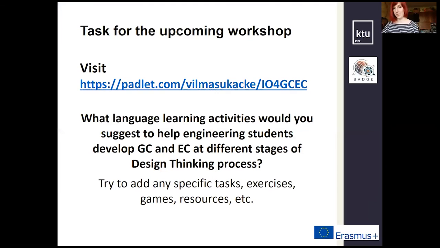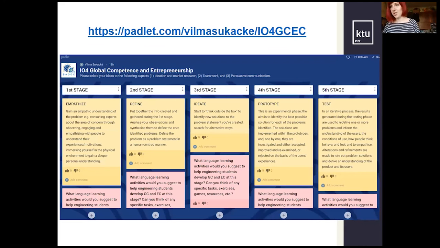All right, so I hope you more or less have an idea of how design thinking works now. So I would like you to go to our Padlet, and there you will see the 5 stages of implementing design thinking.